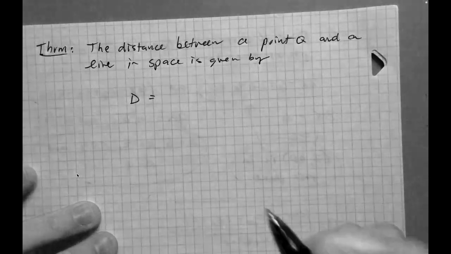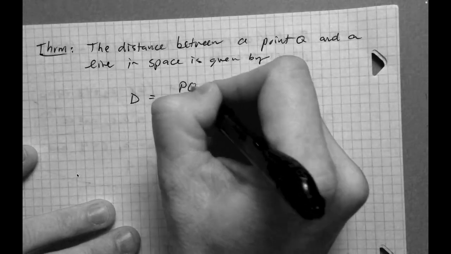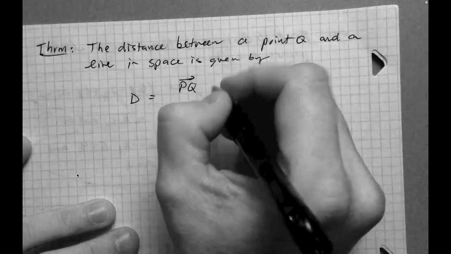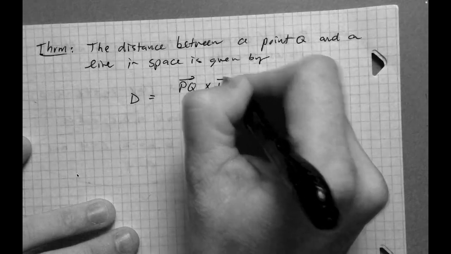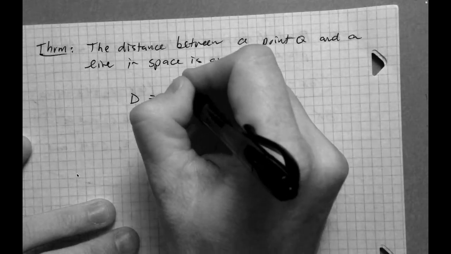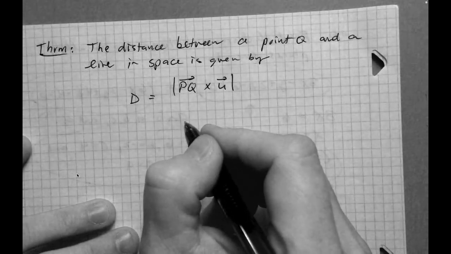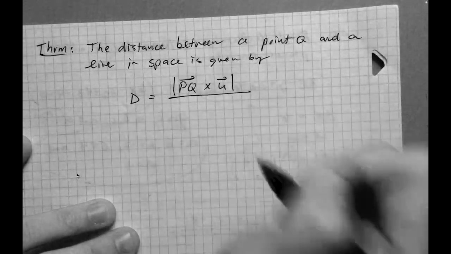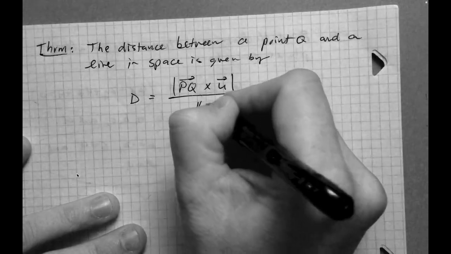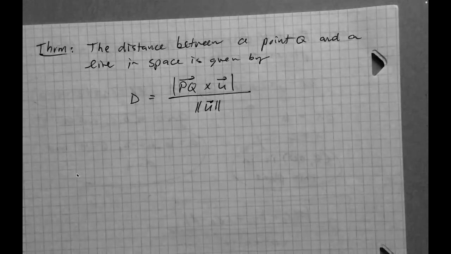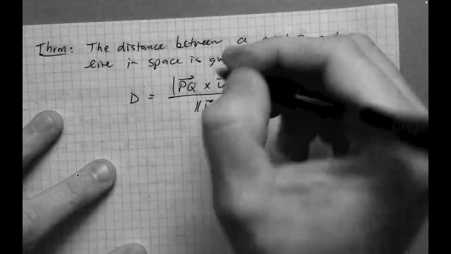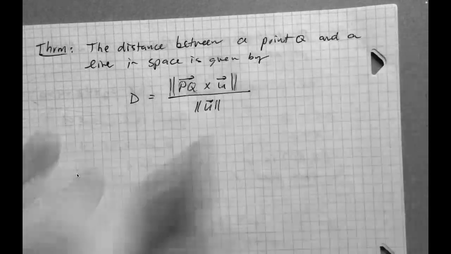okay, here the distance is equal to the cross product. I take the cross of PQ and U, okay, absolute value of that cross product, okay, and then divided by the norm of U. Okay, this is not the absolute value, it's the norm. So that's a vector, right?